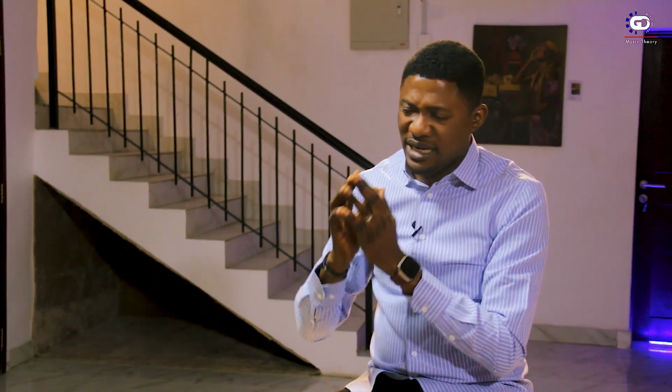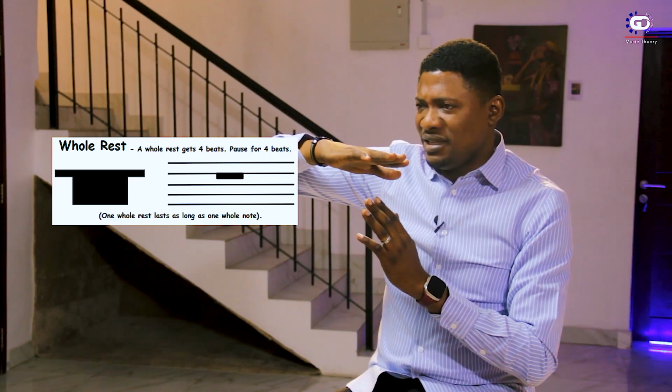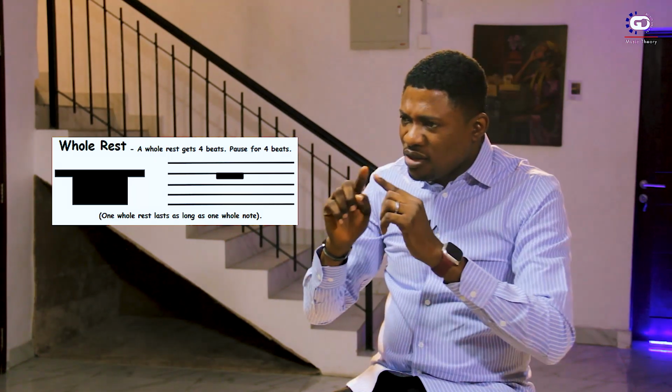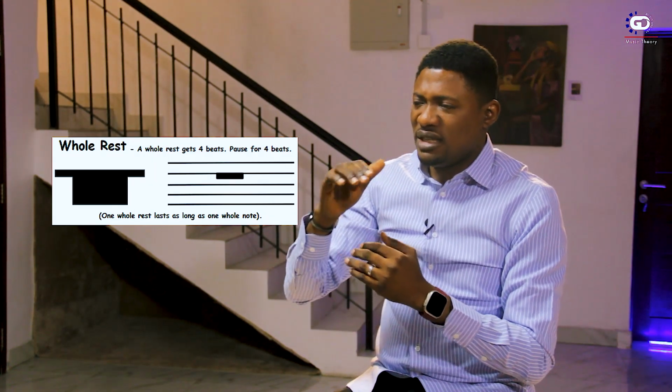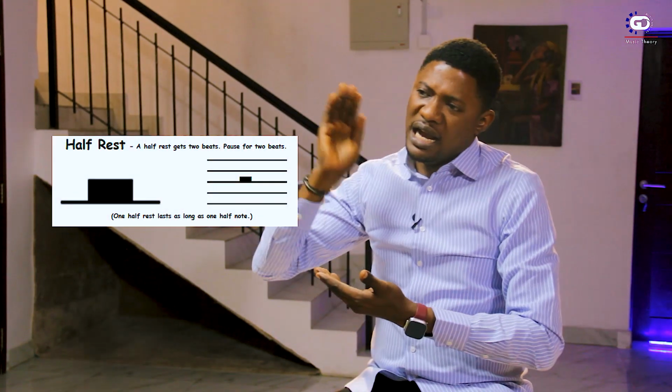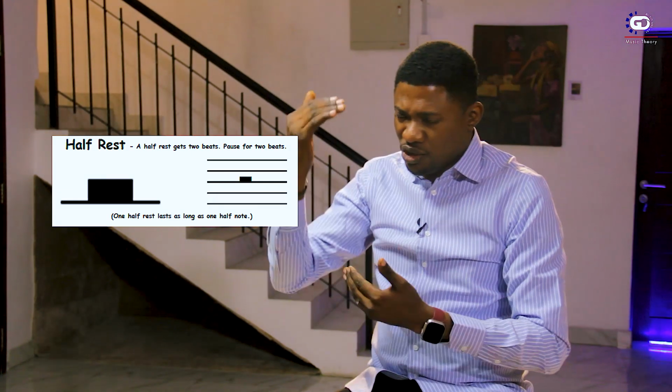But at this point, what is most important is for you to know the shapes and how they are placed on the staff. For the semibreve rest, you have a horizontal line with a shape facing down like a cap or a hat. The minim rest has a line with the cap on top, so it's opposite to each other.